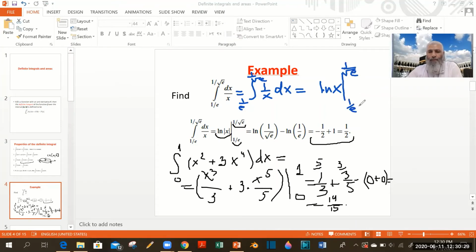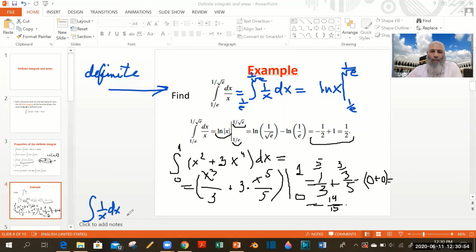But Ustaz, which of them is indefinite and which of them is definite integral? This is definite. It is indefinite when we write it like this, without an interval, 1 over x dx, just like this.